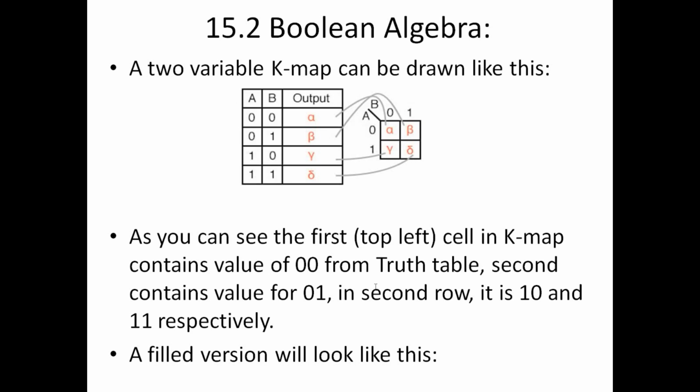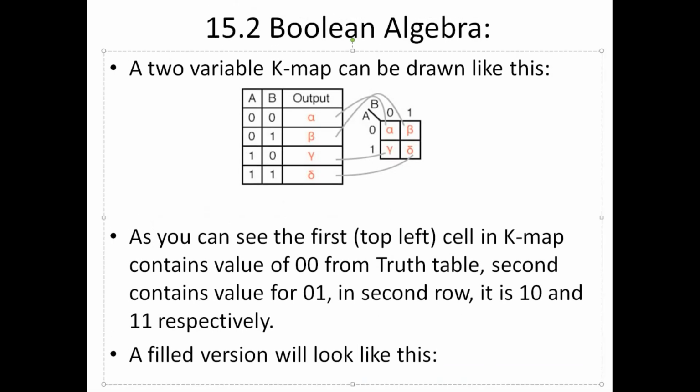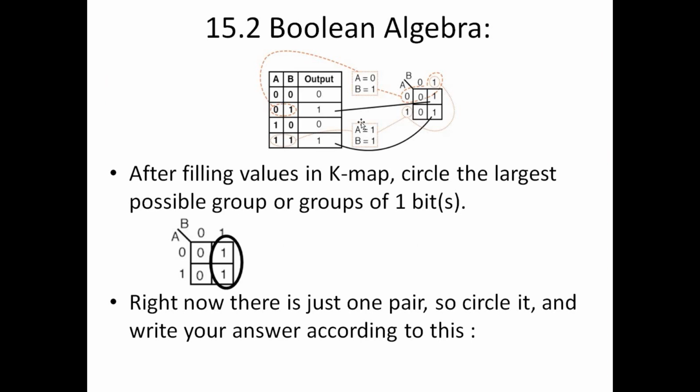A filled version would look something like this. If this is a truth table, you fill in the first value, 0, over here, the second over there, third over here, fourth over here. Now you need to make groups. Groups can contain either ones or zeros but not both. Over here we have two ones and two zeros, so I'm going to circle the ones.